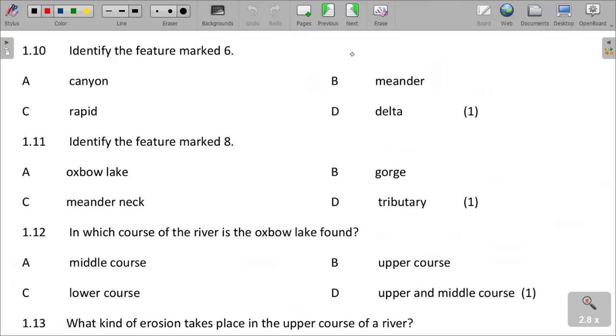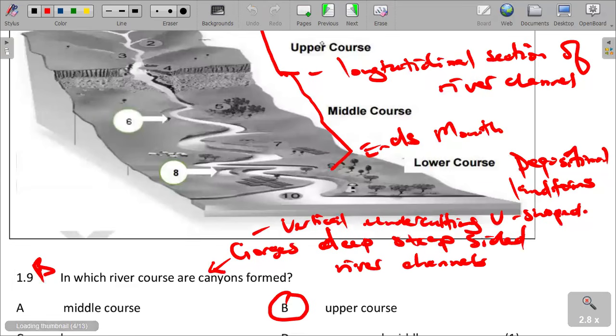Identify the feature marked 6 on the photograph. The feature marked 6 represents a meandering river channel, a swerving river channel which is not straight.